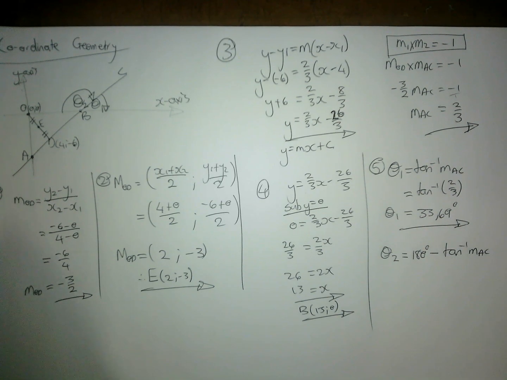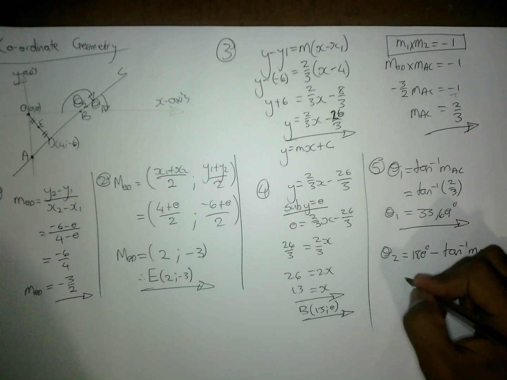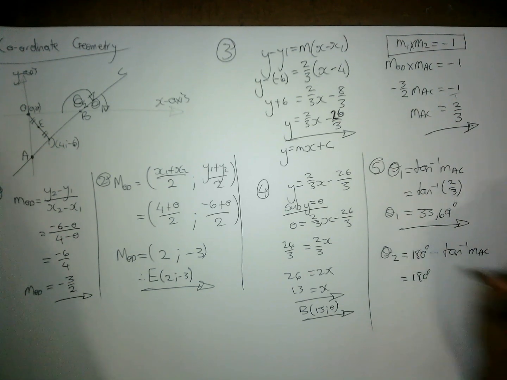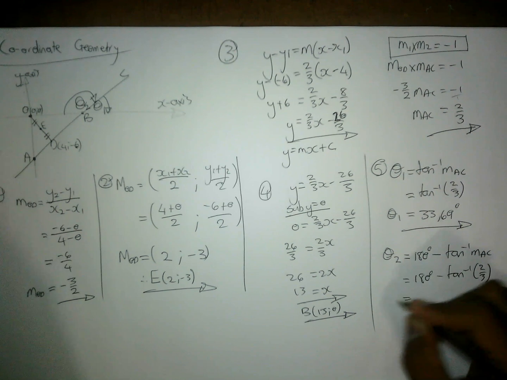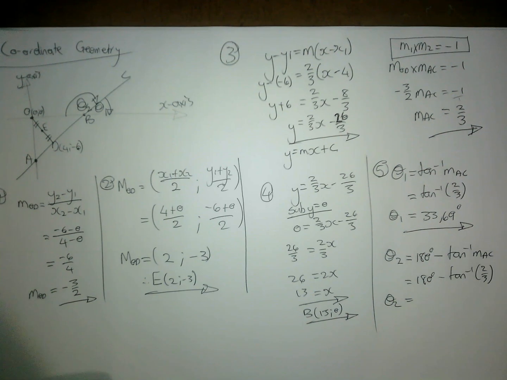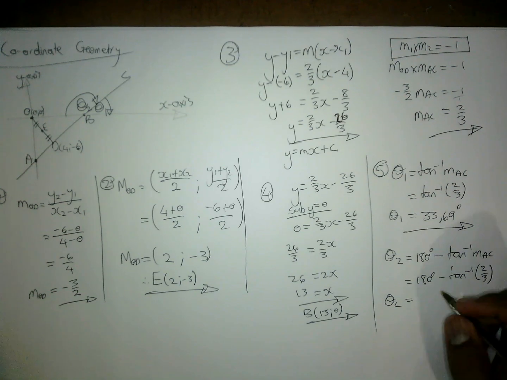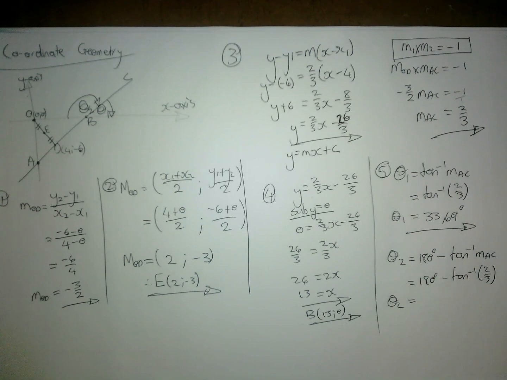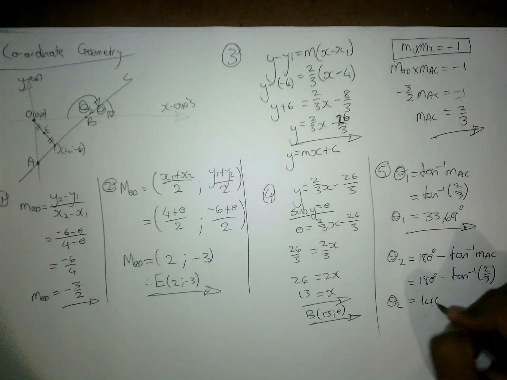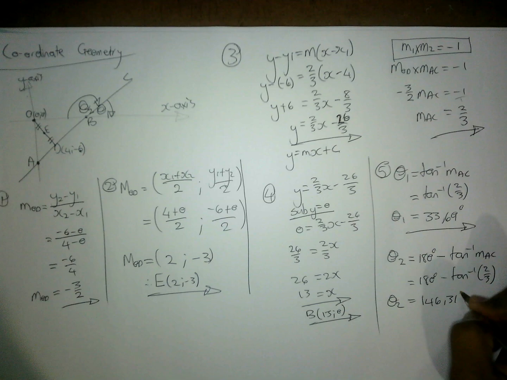Same gradient, same line. Then all you do is you say 180 degrees minus tan inverse of 2/3 equals 146.31 degrees.